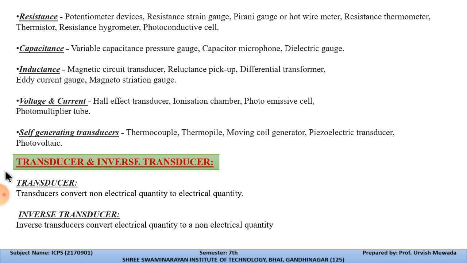When we give the input as a mechanical quantity, as we apply pressure on the two surfaces of the piezoelectric crystal, it will produce EMF. And when we give the input signal as an electrical quantity, this device will vibrate. So this is the vice versa transducer. These are the classifications of the transducer.